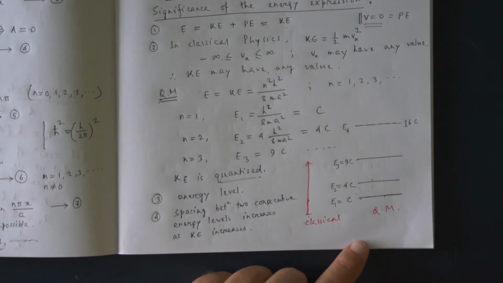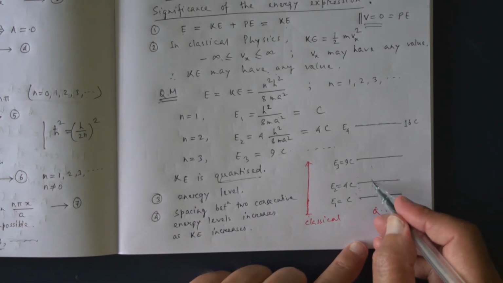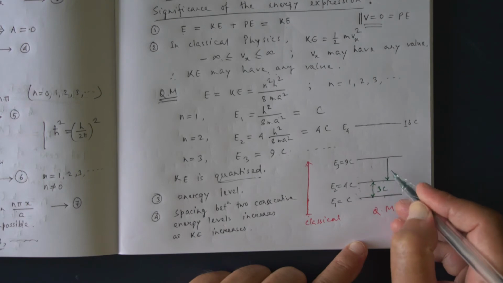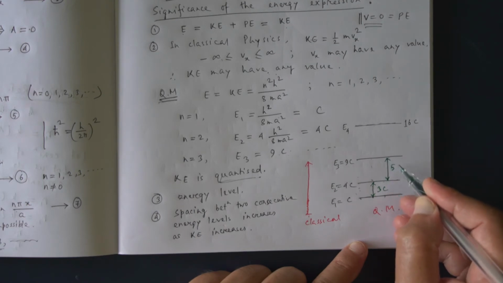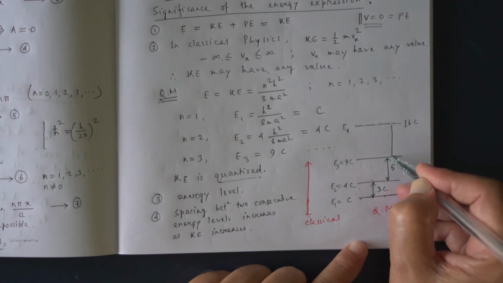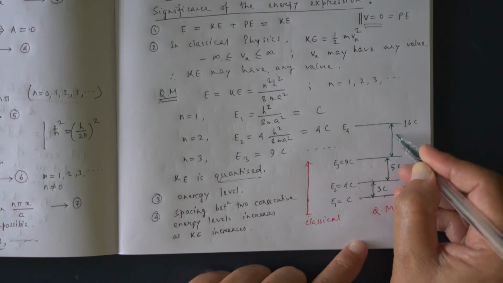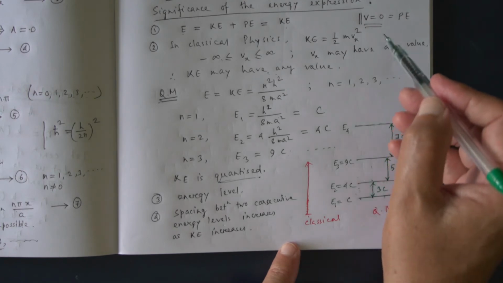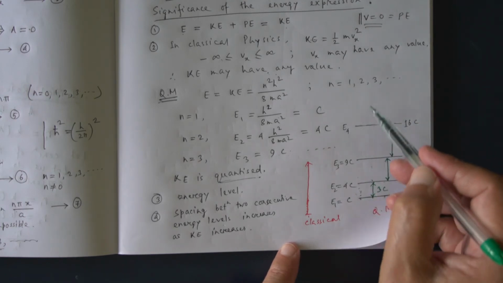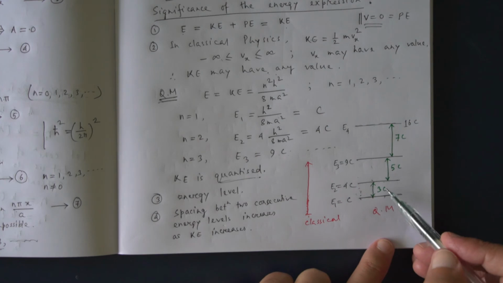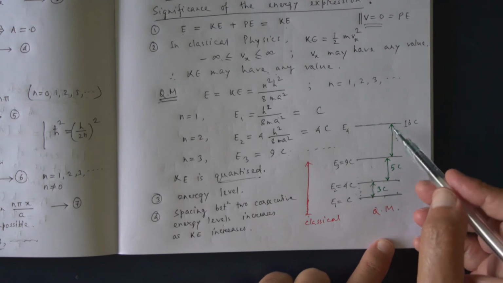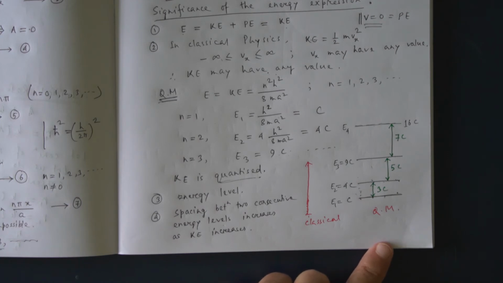Spacing. What is the difference here? 3C. What is the difference here? 5C. What is the difference here? 7C, and so on. So as kinetic energy increases, the spacing between two consecutive energy levels increases.